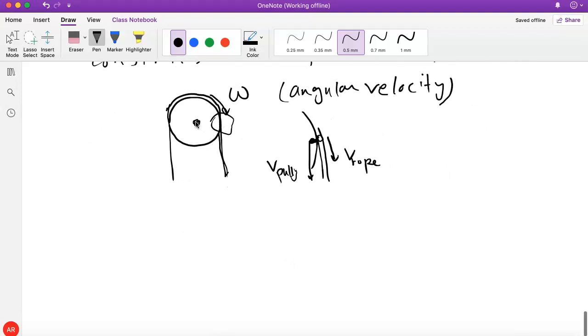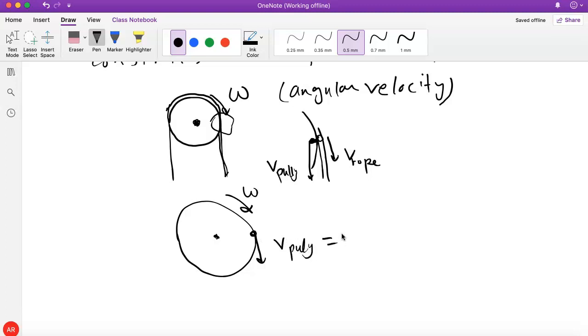Now the pulley is a rigid object. Going back to the pulley, this point is rotating with instantaneous angular velocity omega, going on a circle. So the velocity at that point is r, the radius of the pulley, times omega.